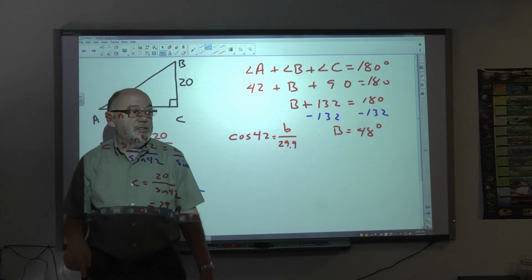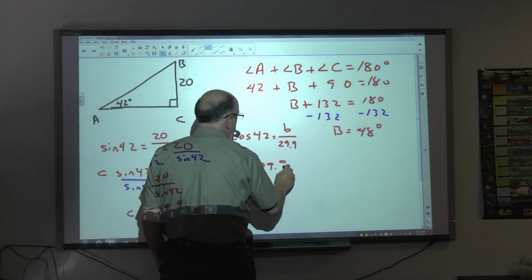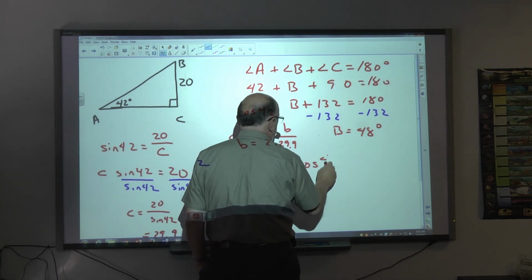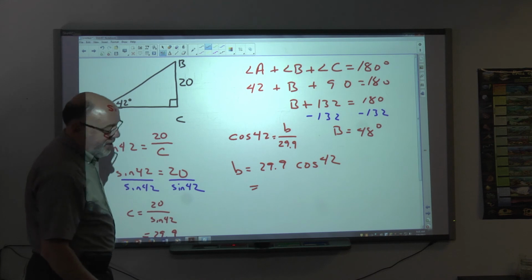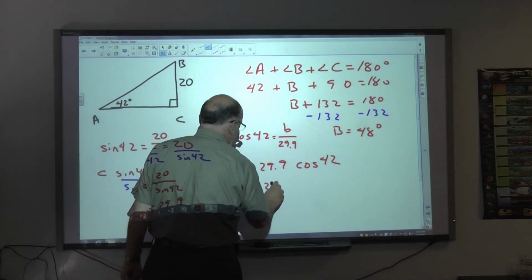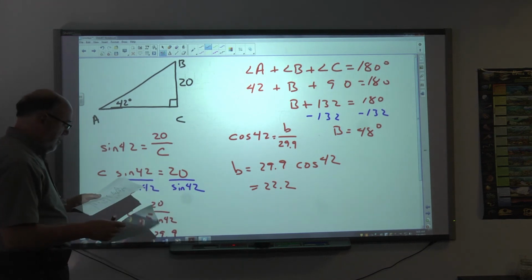The opposite of dividing is to multiply, and so B is going to be 29.9 times the cosine of 42. And we put that in, we get 22.2. So we have all the missing measurements in this right triangle.